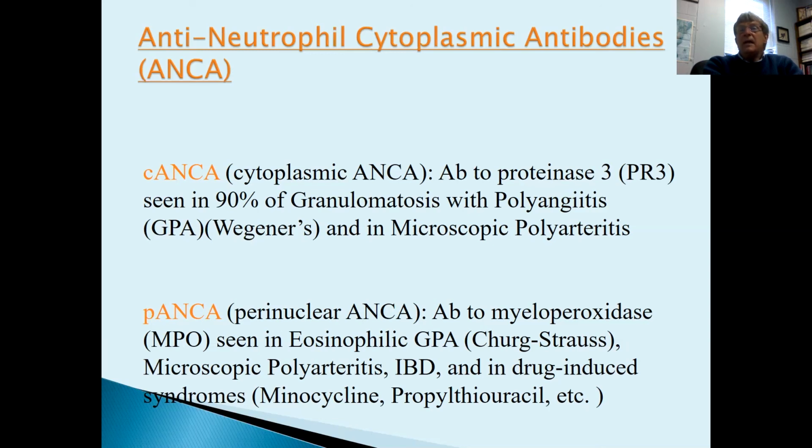Perinuclear ANCA is antibodies to myeloperoxidase, which we will see in eosinophilic GPA, such as the old Churg-Strauss, microscopic polyangiitis, IBD, and drug-induced syndromes. You do see such drugs as minocycline and propylthiouracil that can produce these antibodies.